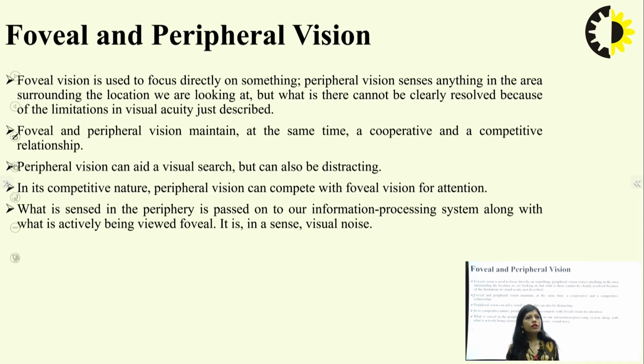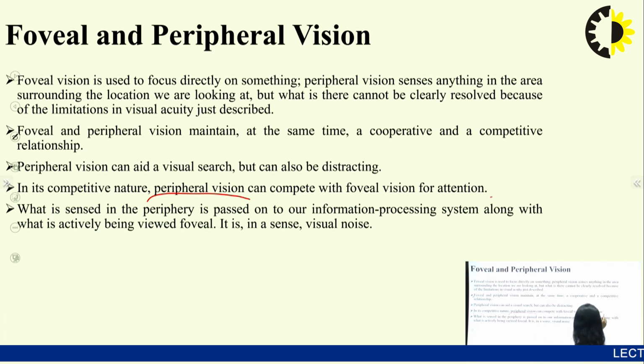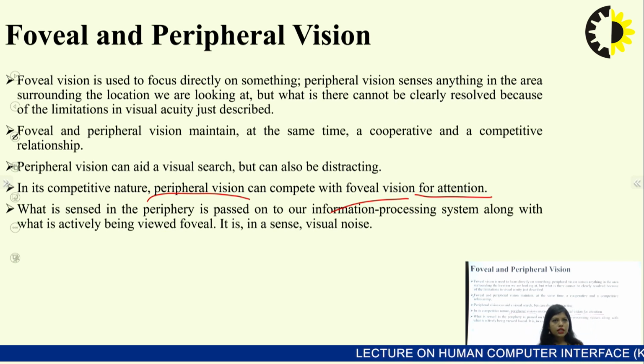Peripheral vision can aid our visual search but can also be distracting. In its competitive nature, peripheral vision can compete with foveal vision for attention. What is sensed in the periphery is passed on to our information processing system along with what is actively being viewed foveally.